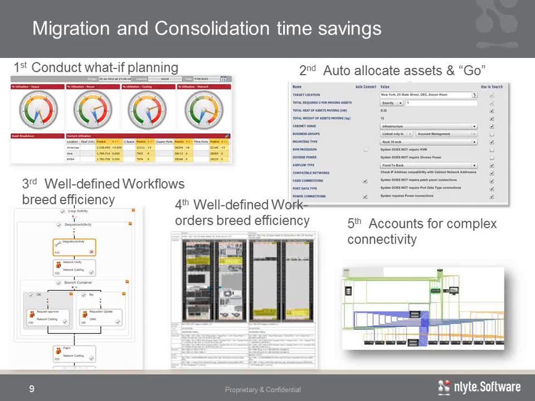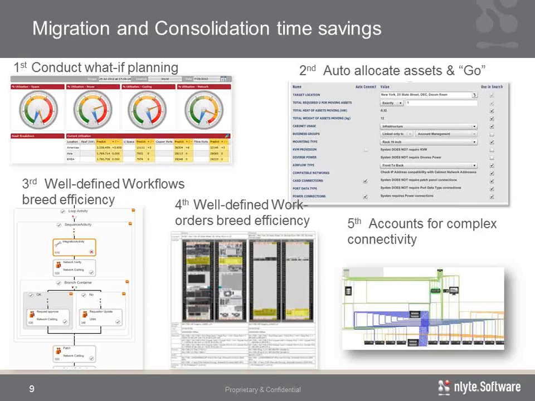So now that you've got your database populated, you start looking at true execution, going to the next step. And so bottom left, the third stage is you define the workflow. What steps are required to get you from server storage install to full production, and that becomes your workflow.